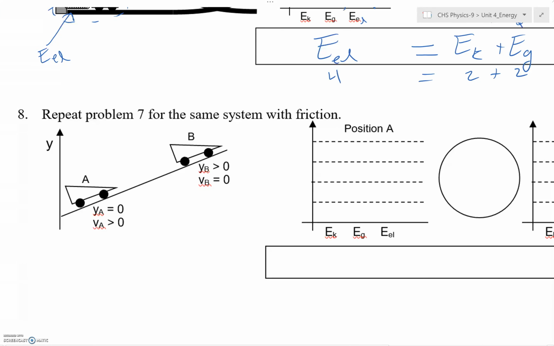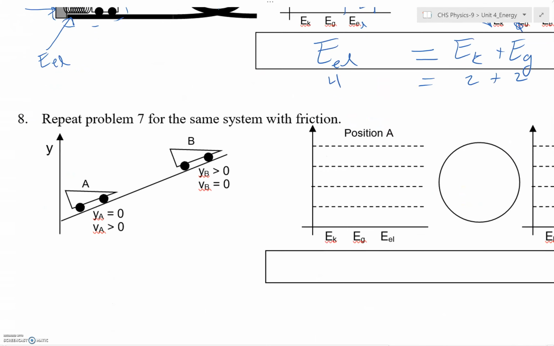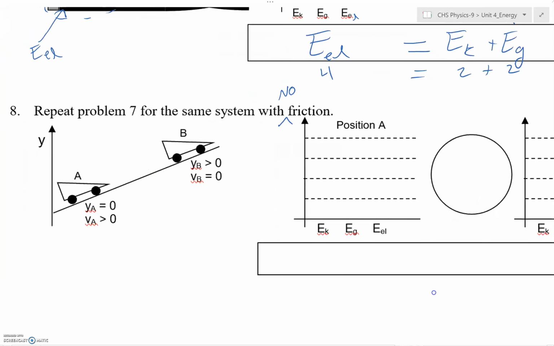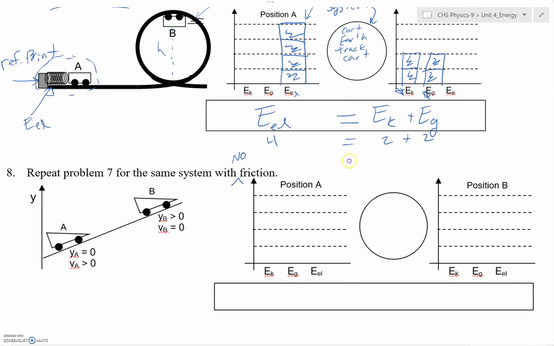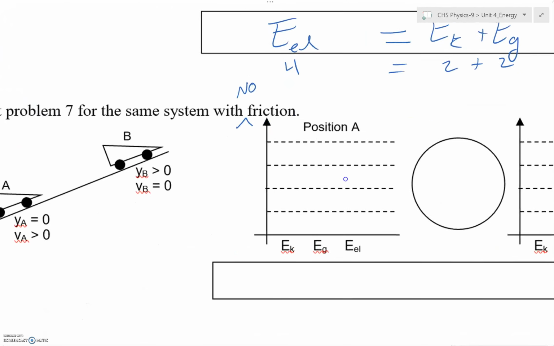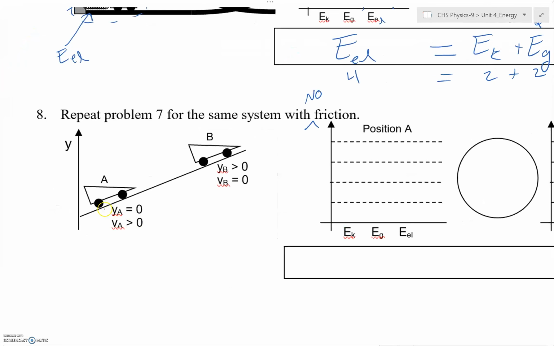Next problem is this one. I think that I copied the wrong one. So we're going to say with no friction. If you haven't noticed, these are some of the problems from your blue packet, but it wouldn't be a bad idea for you to do this on your own. You have a car here. The velocity is greater than 0, so it's moving. You could show your sushis there.